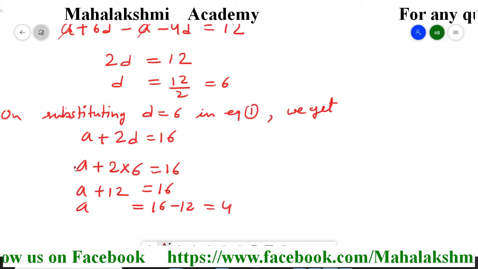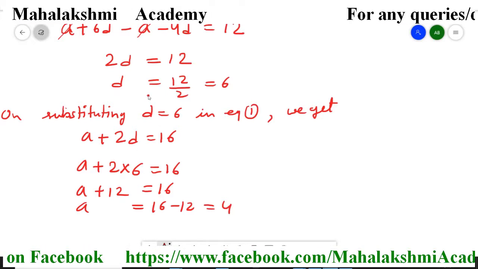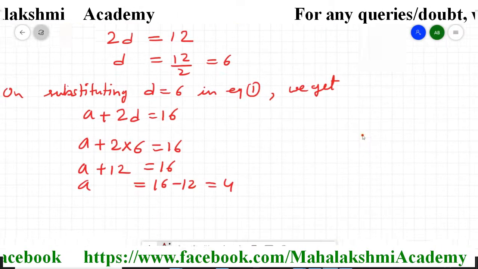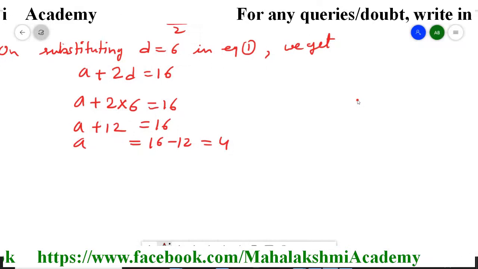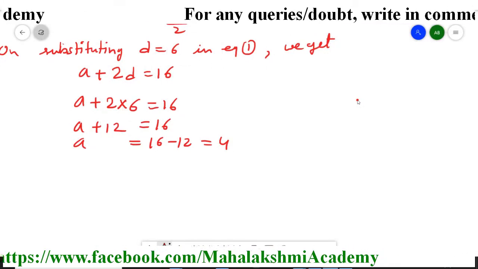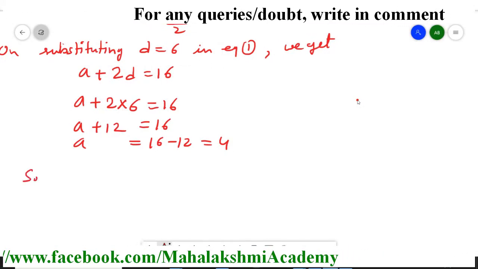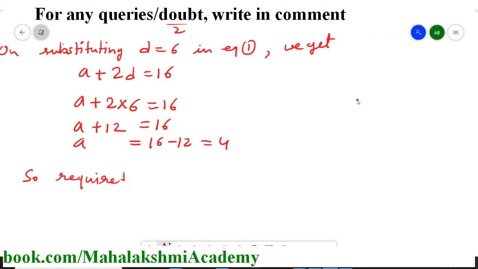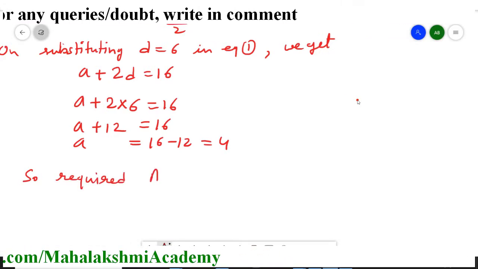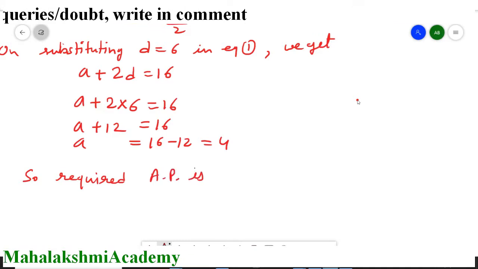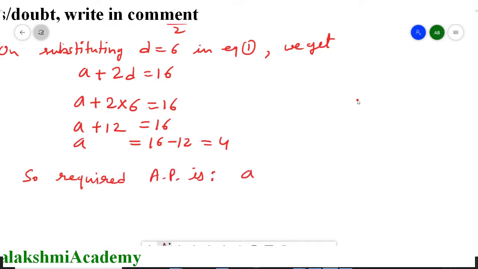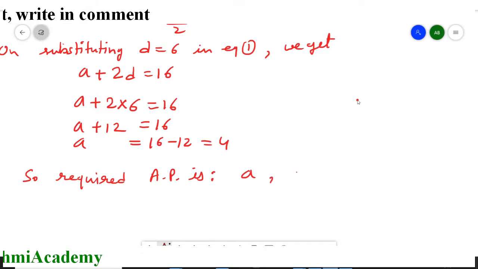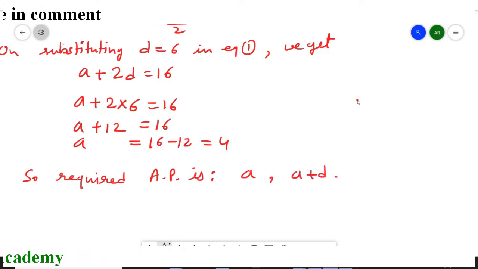So now we have the first term and the common difference, so we are going to get the AP. We'll write down here the required AP. Now, what is the general format of AP? That is A, then A plus D, then A plus 2D, and it will go like this.